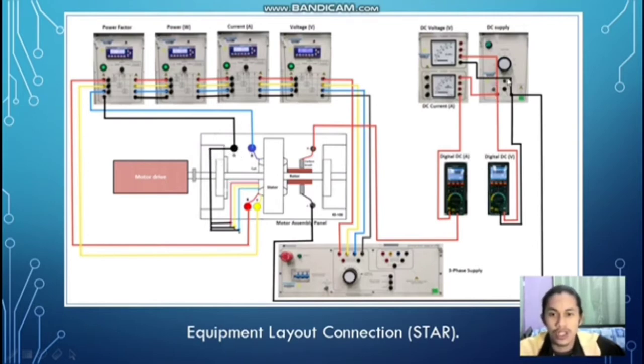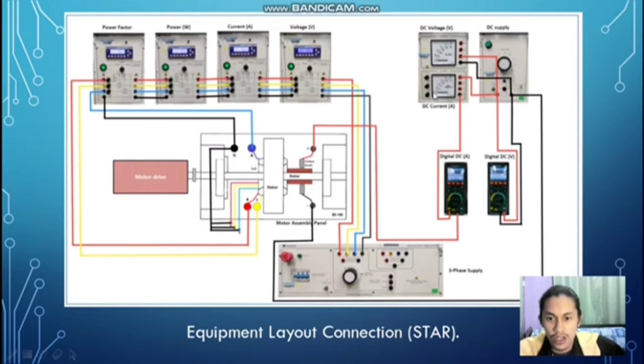Okay, next for the DC supply. The DC supply will connect to the rotor part of the motor. From the DC supply, it will connect to the DC voltage meter first here. Next, the DC supply also supplies the DC current, and the DC current output will connect to the digital DC.